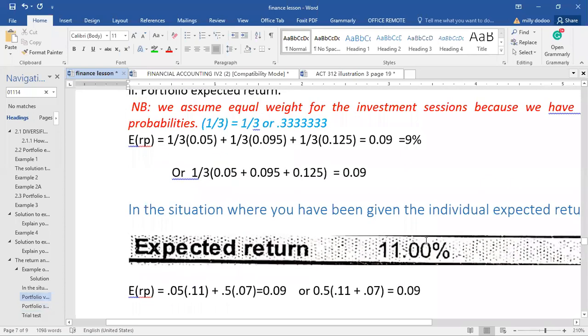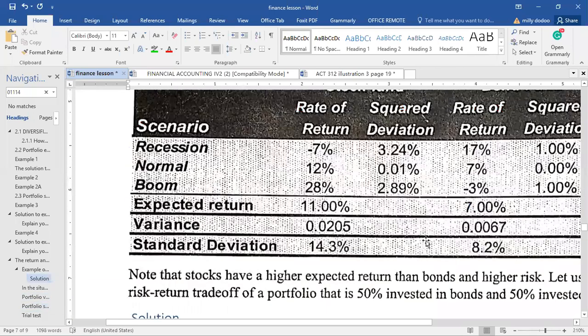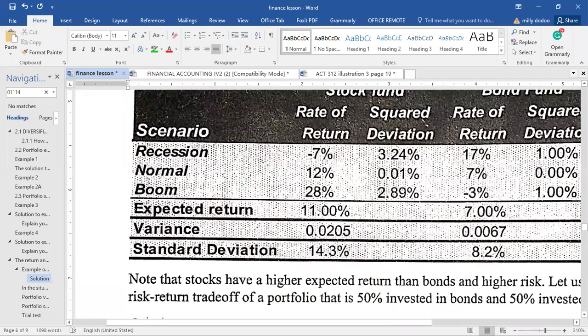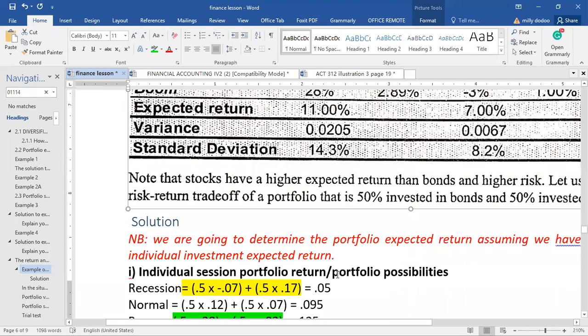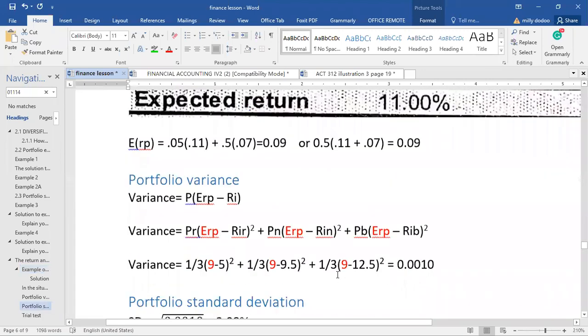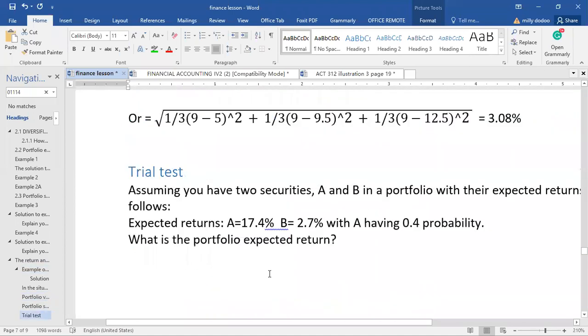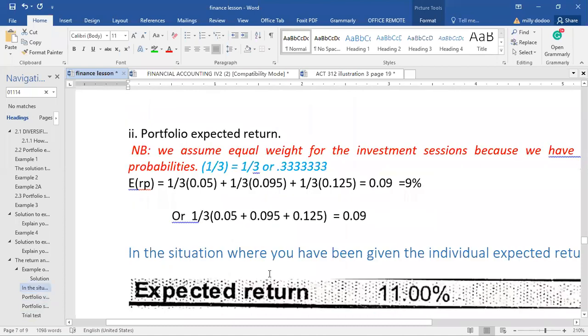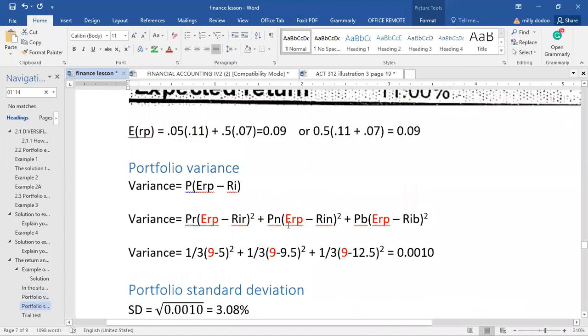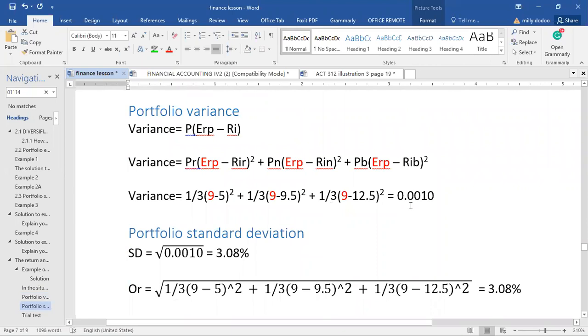So when you go to your question and you are seeing the information, the variance, there is a way we can also use this one here and this one here to get that particular variance, and then I'll show you that one too as well. So assuming we have not been given the individual investment variances, this is how we will get the variance.